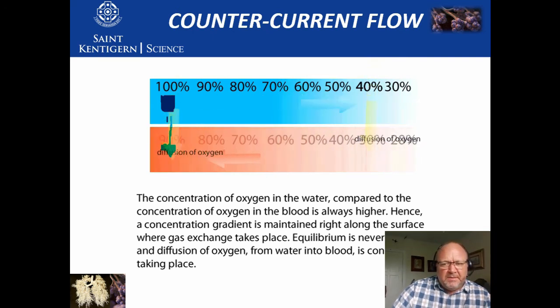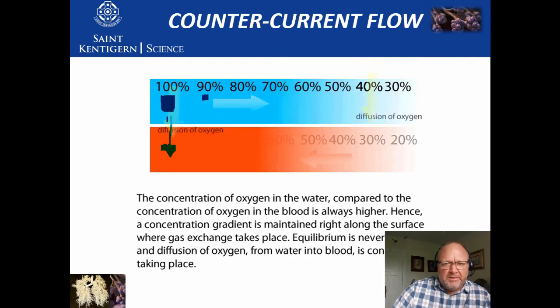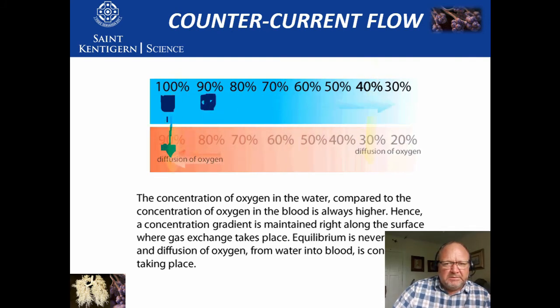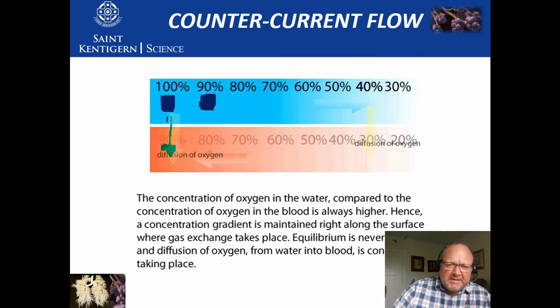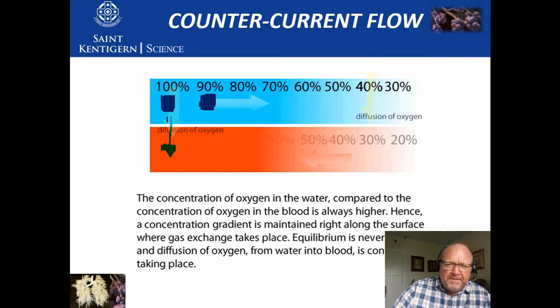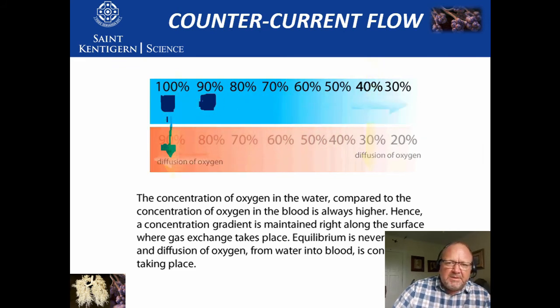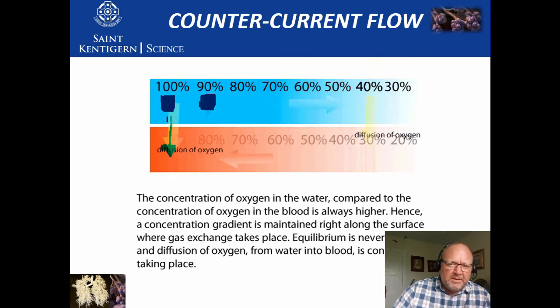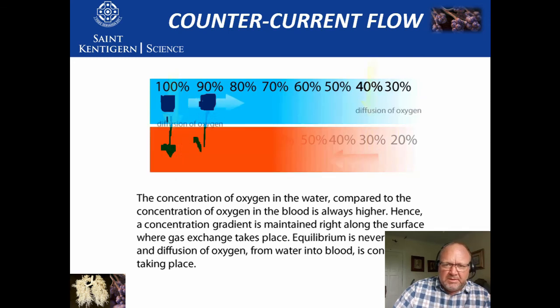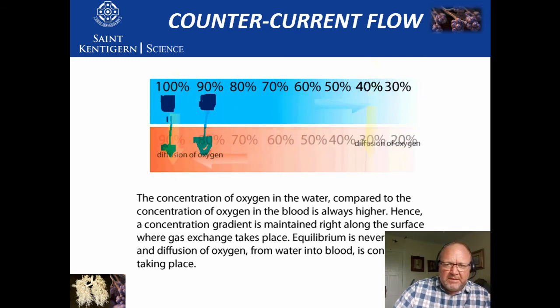Now the water moves on, and over here it's in contact with blood that has spent less time in the gills, so it has picked up a lower concentration of oxygen compared to the water. Because we have a favorable concentration gradient, the oxygen moves over.